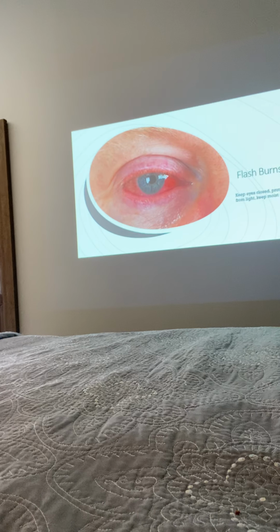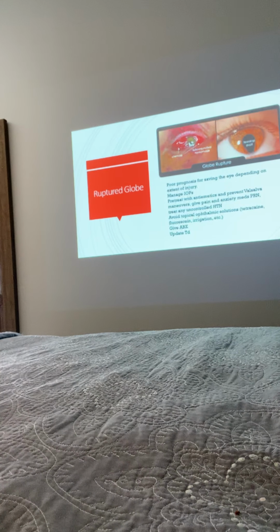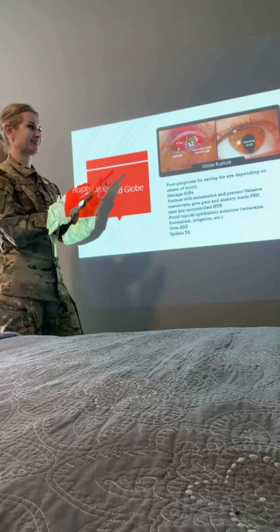Flash burns, from arc welding or a blast injury: the biggest thing for treating those is keep the eyes closed, protect them from light, and keep them moist.